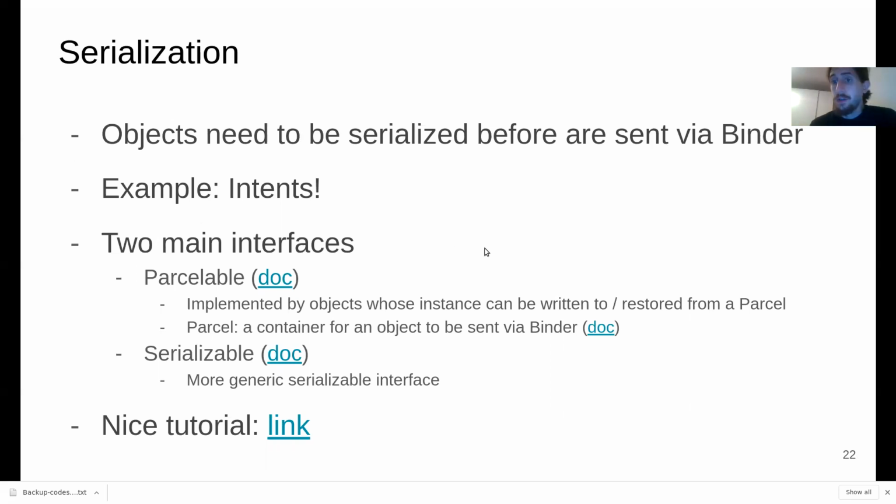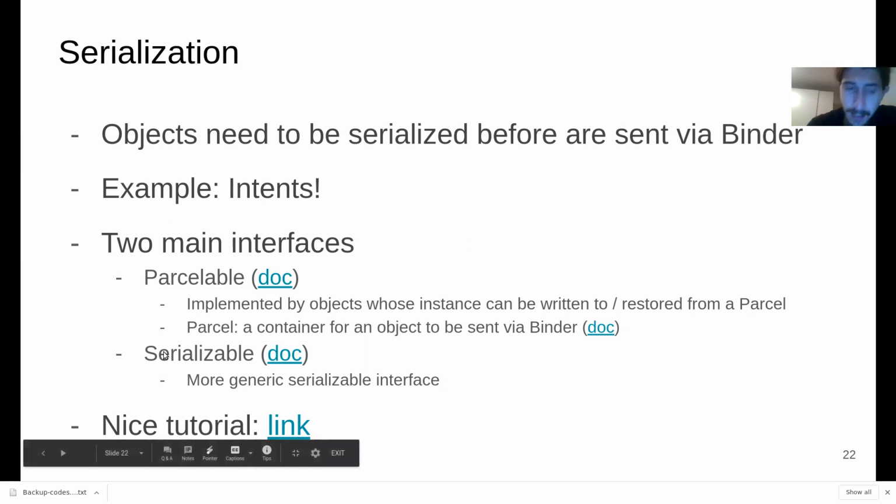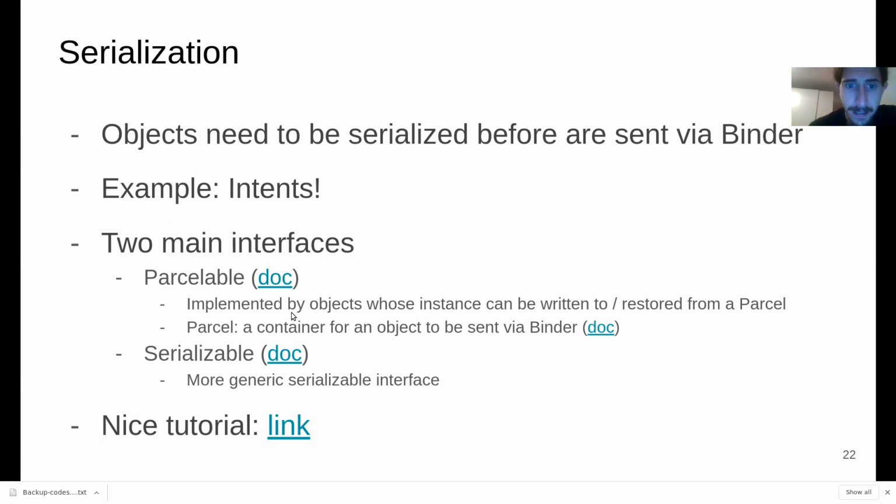In Android, this serialization, again a computer science concept, has many different implementations. There are two main interfaces. The first one is parcelable, and the second one is serializable. Parcelable is the one actually used by Binder.